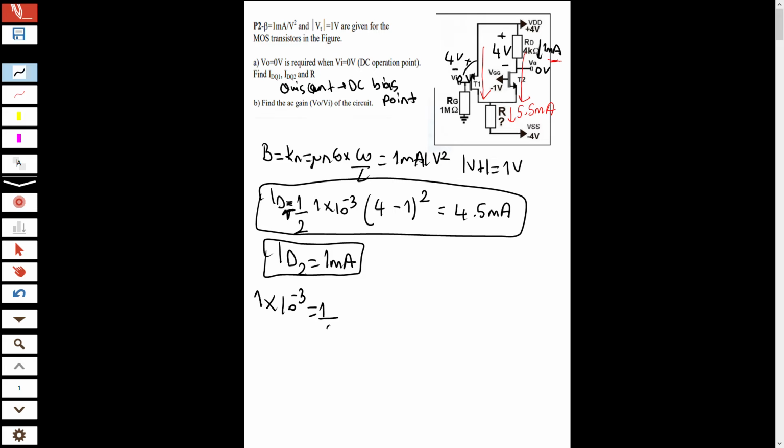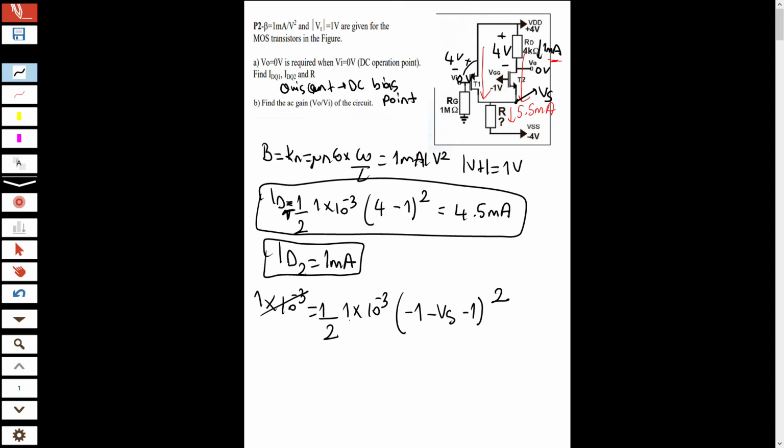It is 1 over 2 Un Cox W over L, which is Kn, given as 1 milliampere per volt square, times Vg, which is minus 1 volt, minus V source, minus V threshold, squared.